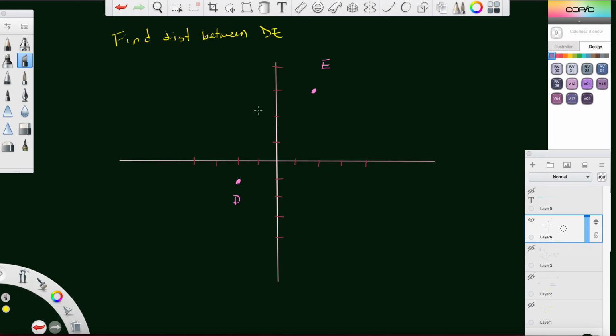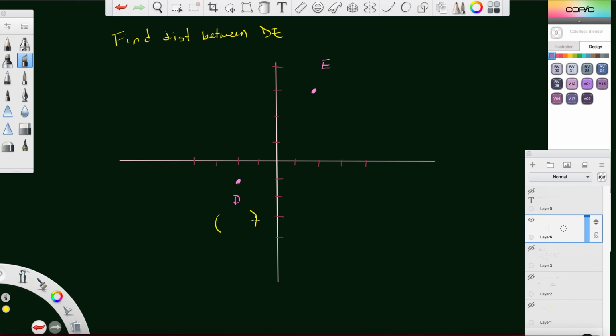I have not checked my work to make sure that it's a nice round number. It could be some sort of square root. It's entirely possible to have something inside a square root that you can't simplify. So here's what I'm going to do. What I want to do first is find their coordinates, right?